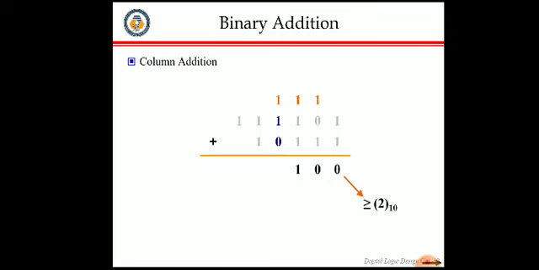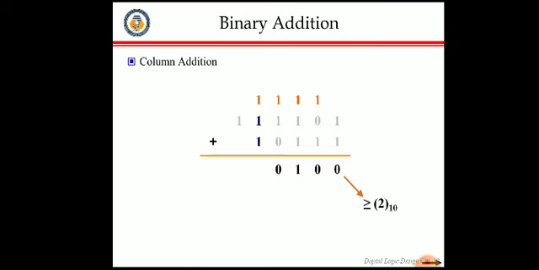That means carry is 1, 0 is the sum. Now, in the next position, we got 1 plus 1 plus 1. 1 plus 1 is 10, 10 plus 1 is 11.